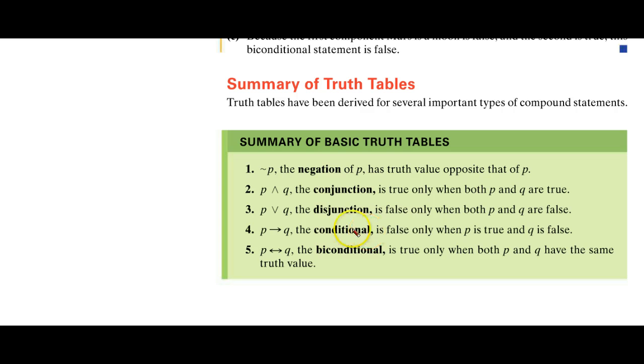Now in the conditional, P yields Q, it is false only when P is true and Q is false. And in the biconditional, the one we just finished, this is true when both of these are true or both of them are false. That is, they have the same truth value.